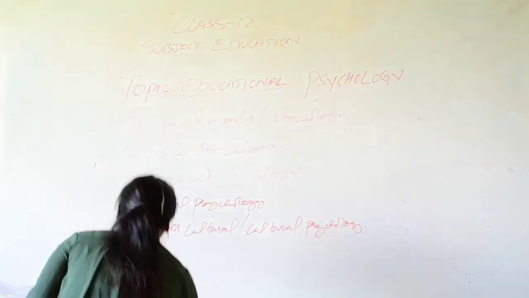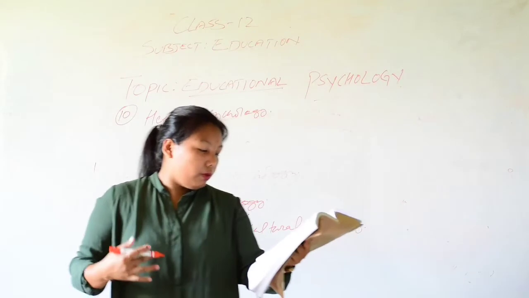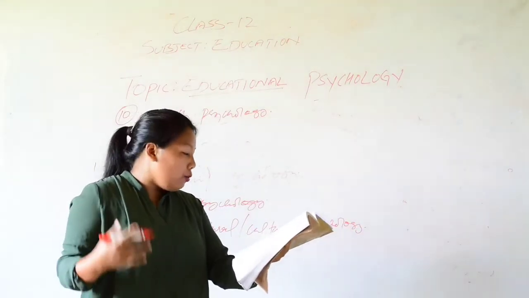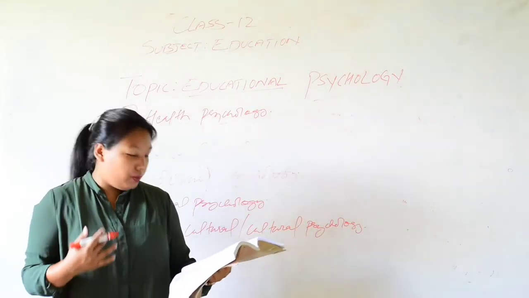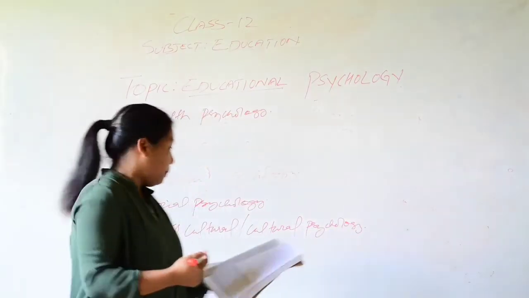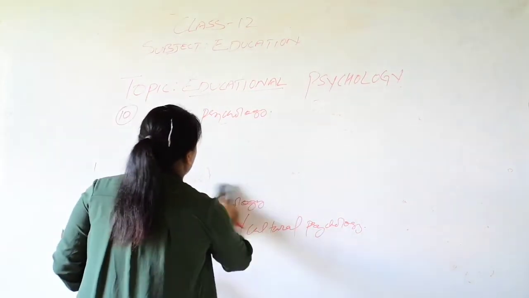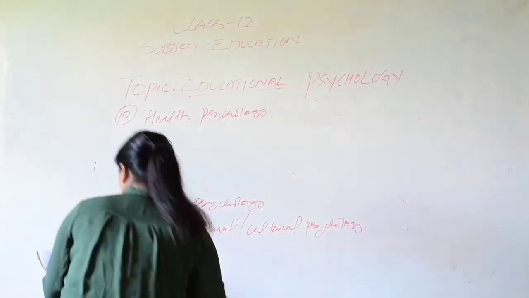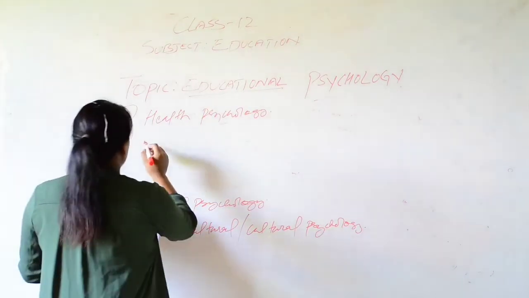Okay, the tenth point, health psychology. It focuses on the role of psychological factors such as stress and anxiety. Areas of interest for health psychologists are stress and coping, and the relationship between psychological factors and health. The eleventh point is physiological psychology.